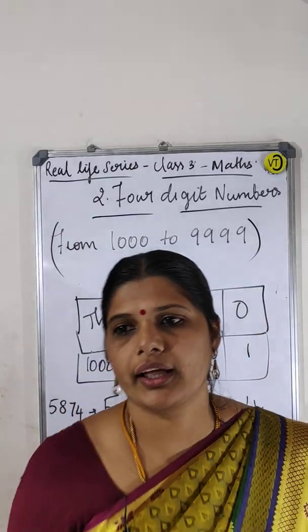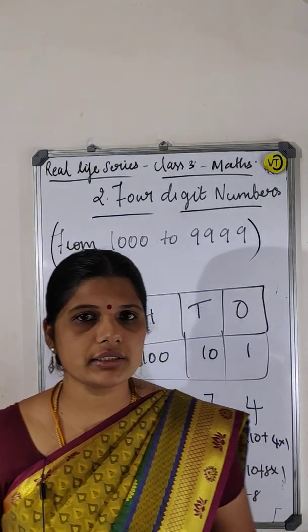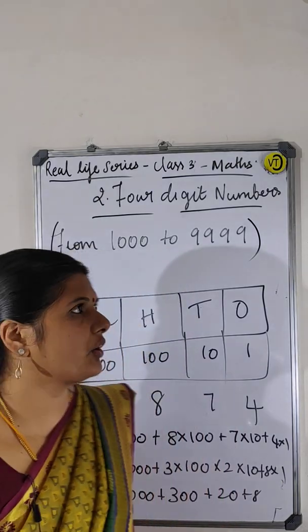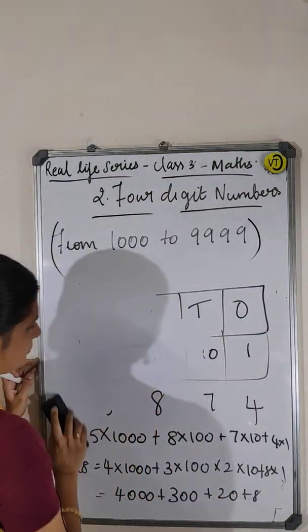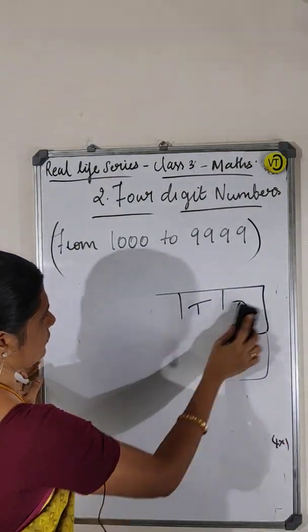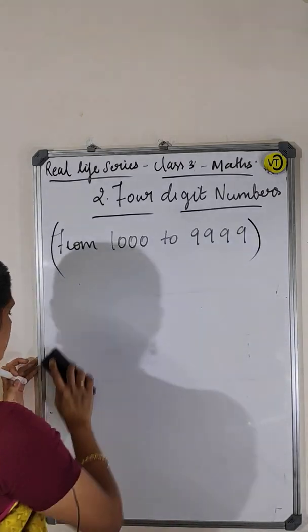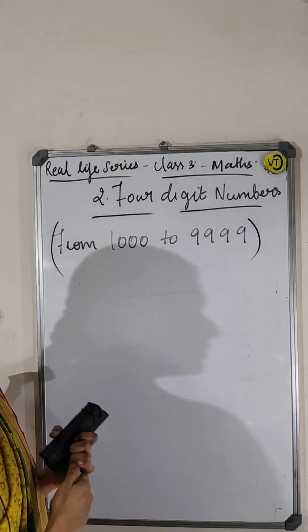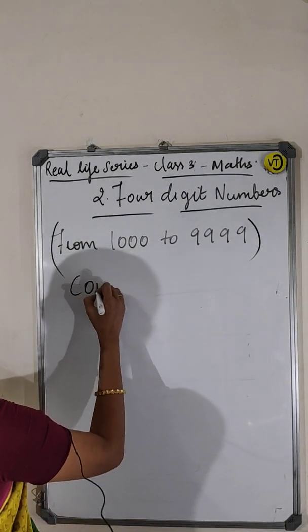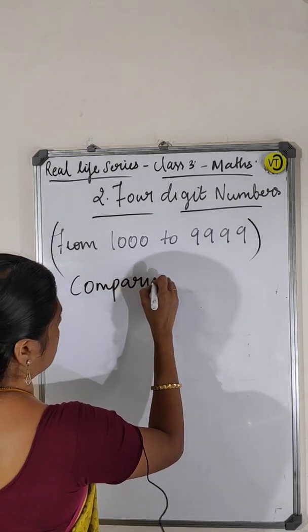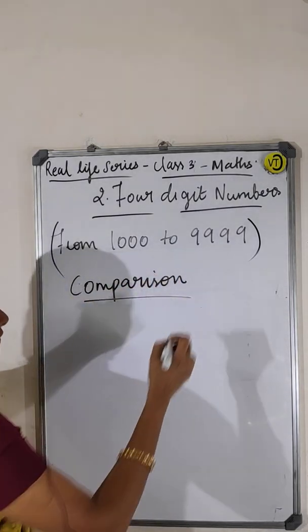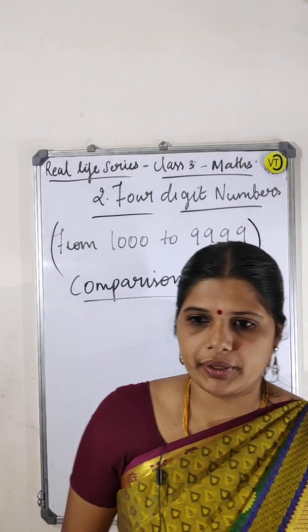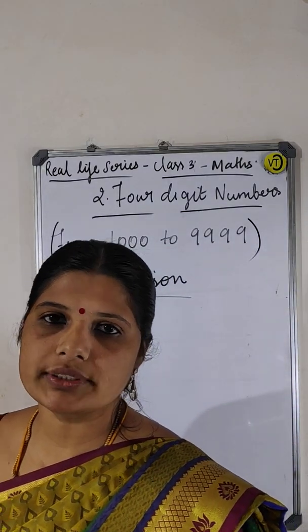Now next topic I am entering here. That is comparison of 4-digit numbers. Comparison and ordering. How can you compare here? You have different rules here.